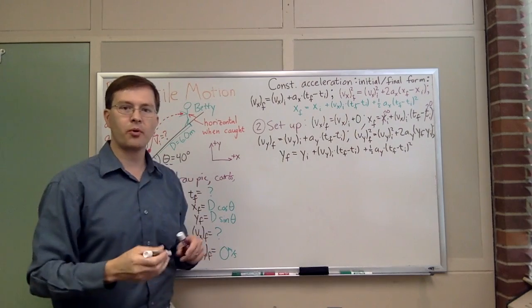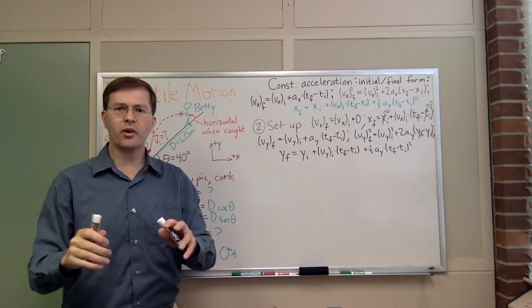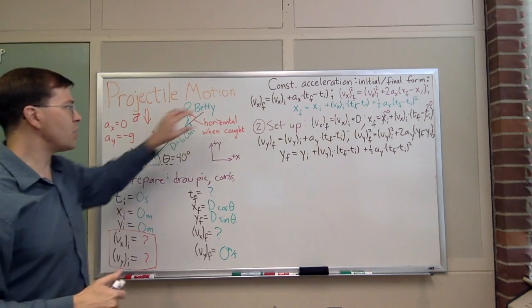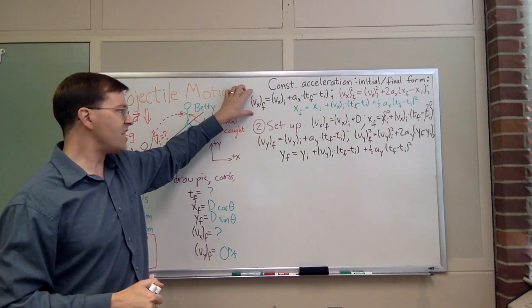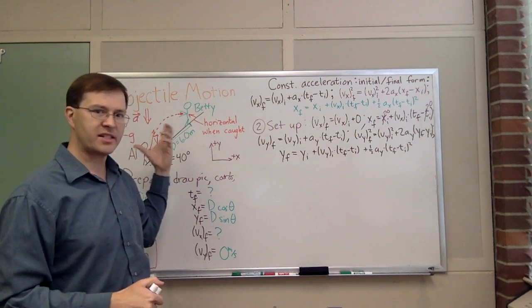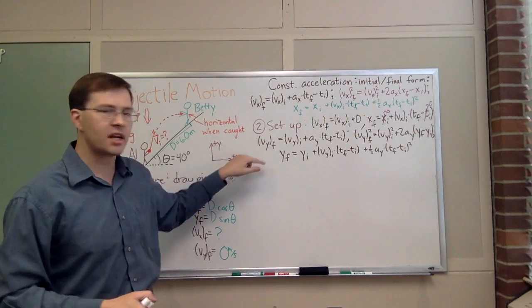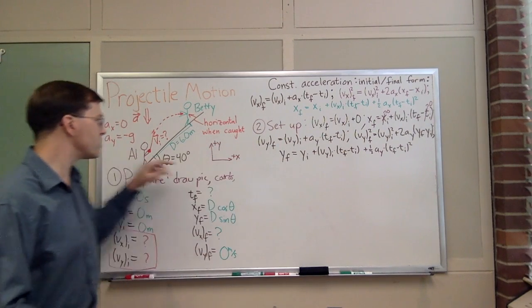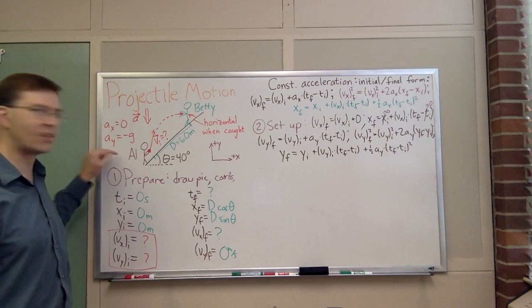Okay, that's writing down those 3 equations. I hope you understand that once I recognized y was constant acceleration, I was able to look at these 3 equations and just copy them down with new labels. Final and initial match these 2 events. The y instead of x, but it's just changing the labels. The 3 equations apply as soon as I knew it was a constant acceleration in that coordinate.